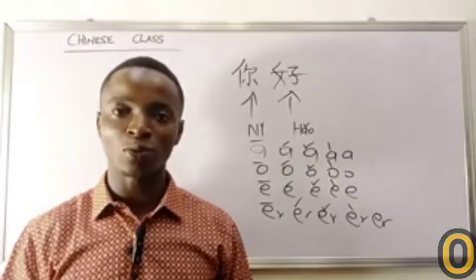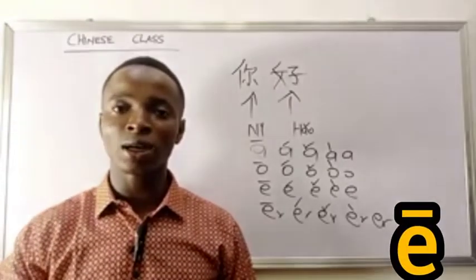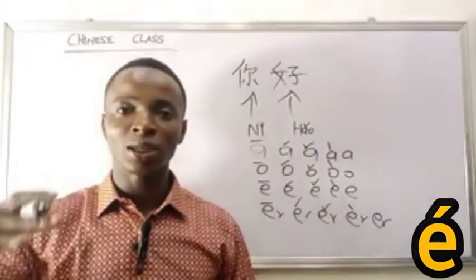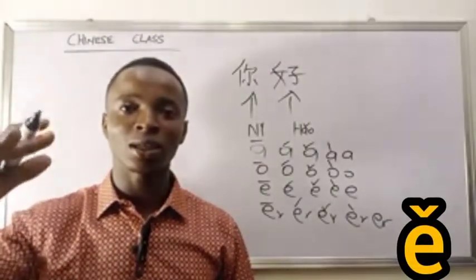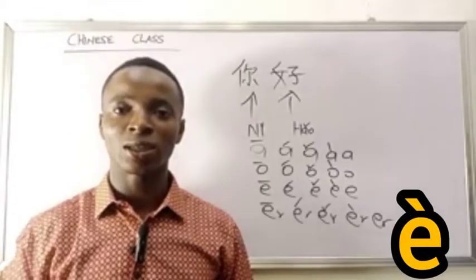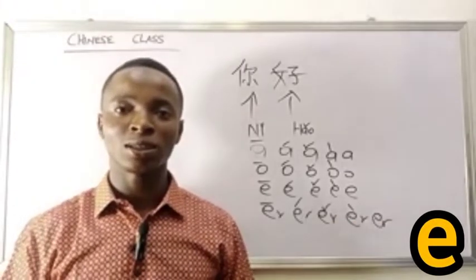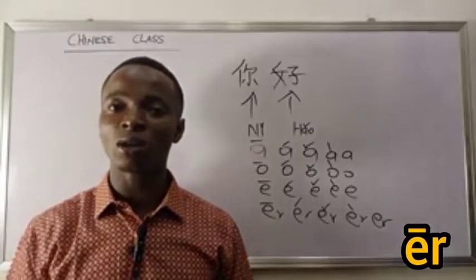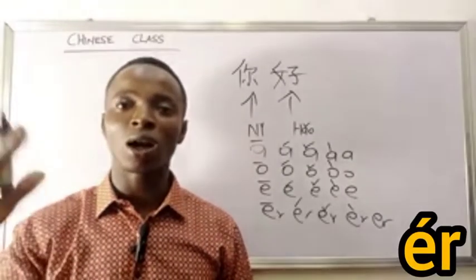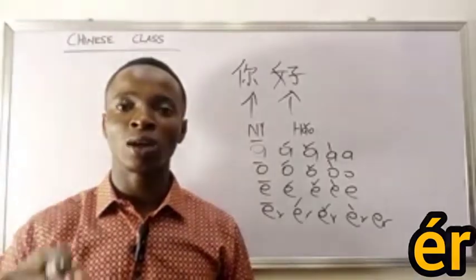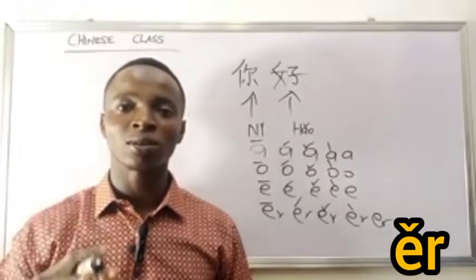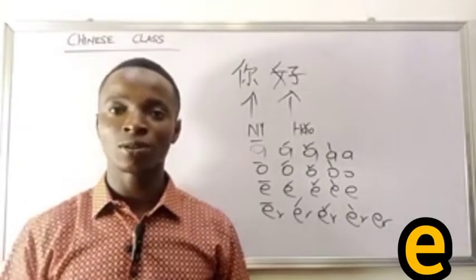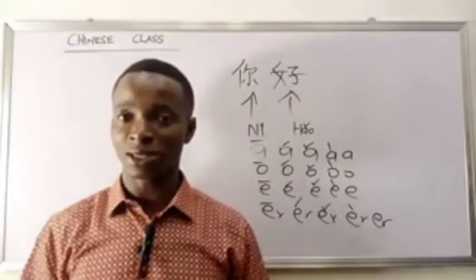The third one we have is e. The next part we have is r. So let's read once again.